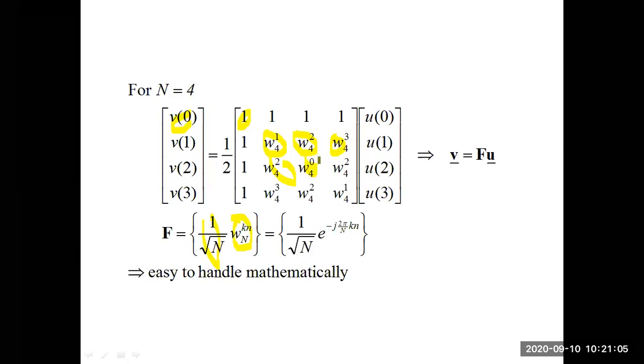This matrix is multiplied with the input: the first sample value, second sample value, third sample value, and fourth sample value. The output is V of 0, V of 1, V of 2, V of 3. This is called the DFT matrix, the DFT matrix for one dimension.